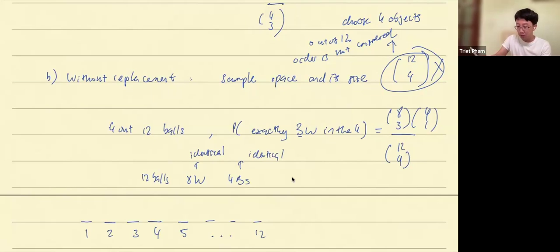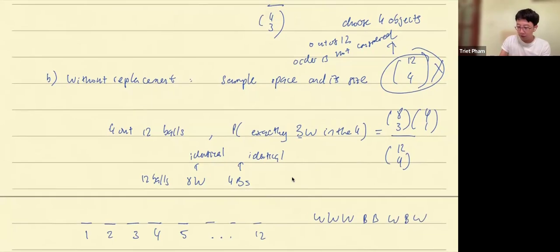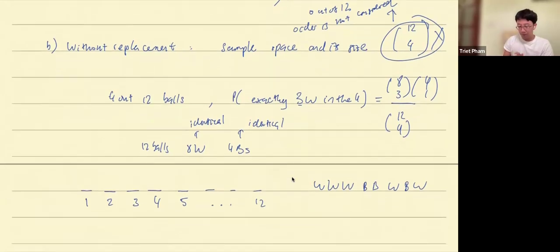The number of permutations, let's say white, white, white, black, black, white, black, white, that kind of thing, but we don't distinguish among the members of the same group. So basically, I will distribute 12 balls among these 12 positions where I don't distinguish among the 8 whites and the 4 blacks.